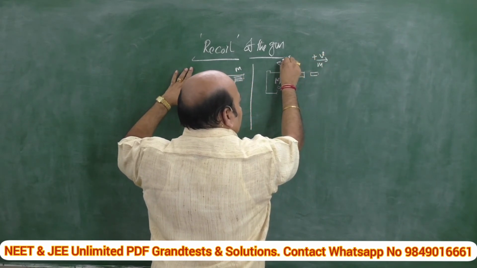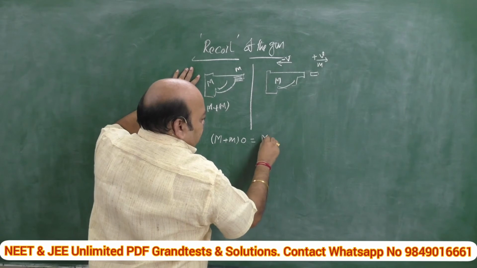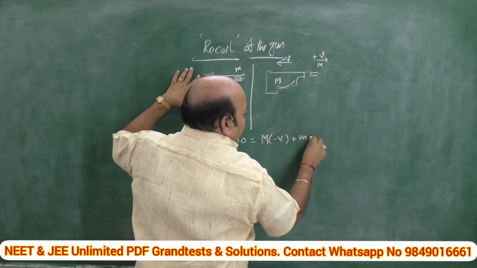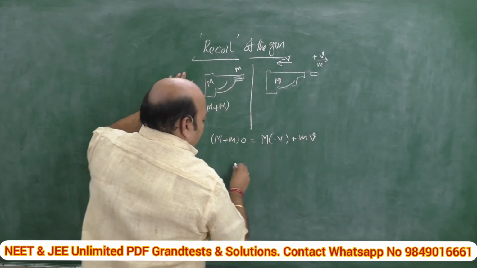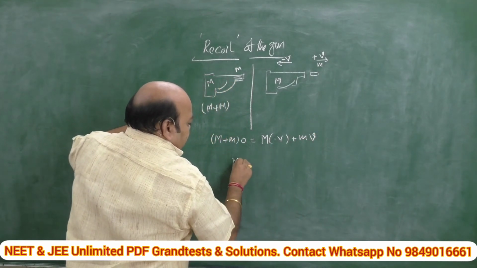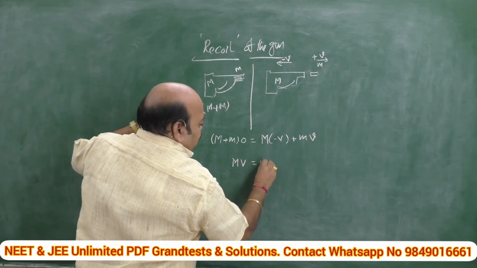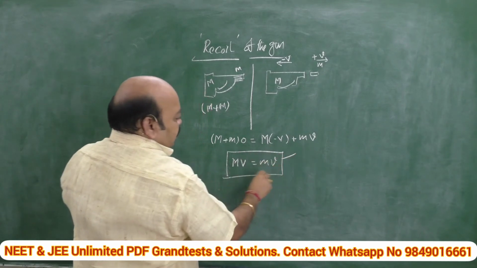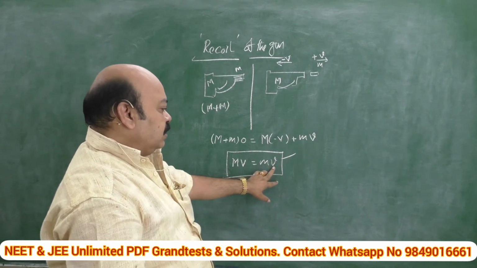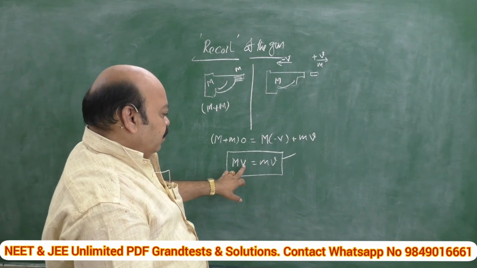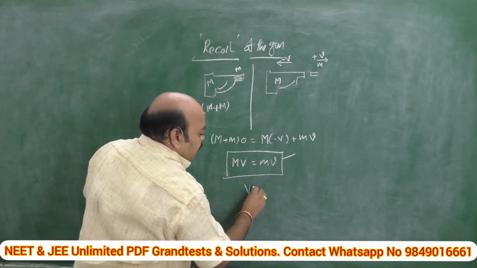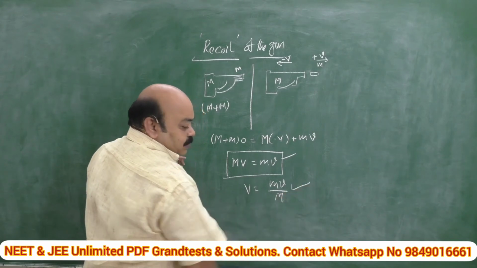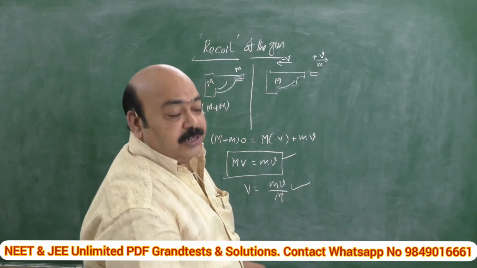The recoil of the gun takes a negative sign. That's why it is capital M into minus V plus small m into small v. Totally, capital M V is equal to small m into small v. Using this relation, we can calculate any one of the given quantities, whether the velocity of the bullet or the recoiling velocity. If we need the recoiling velocity, capital V is equal to m v by capital M.